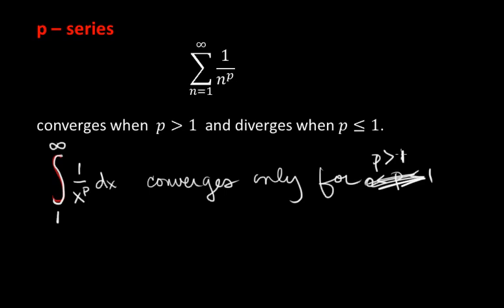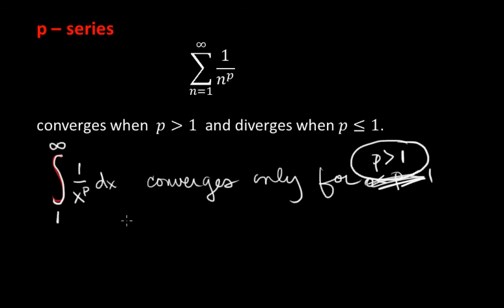We showed that it diverged when p was negative, when it was equal to 1, and when it was less than 1. So only for p greater than 1 does the improper integral converge.